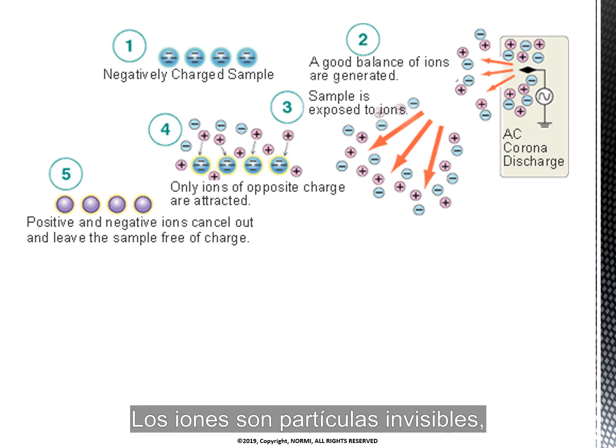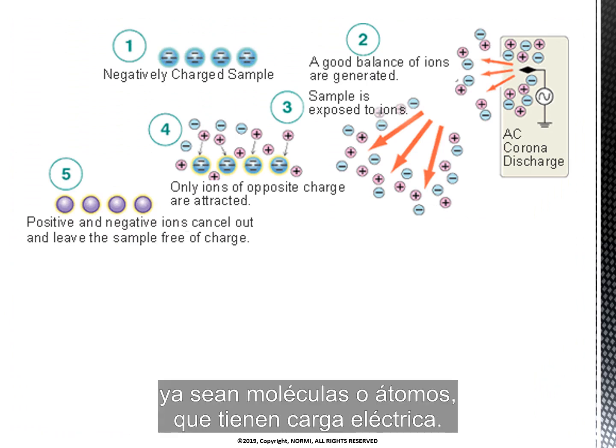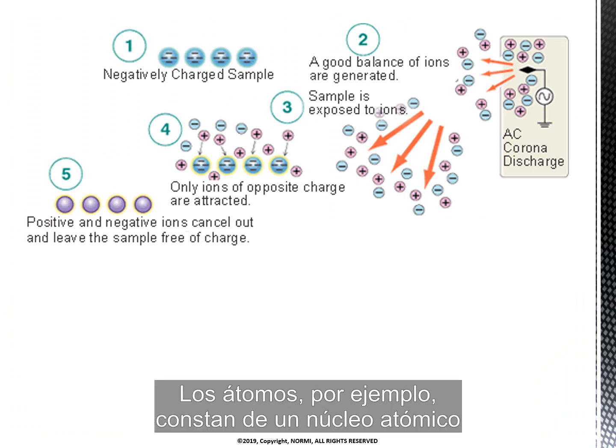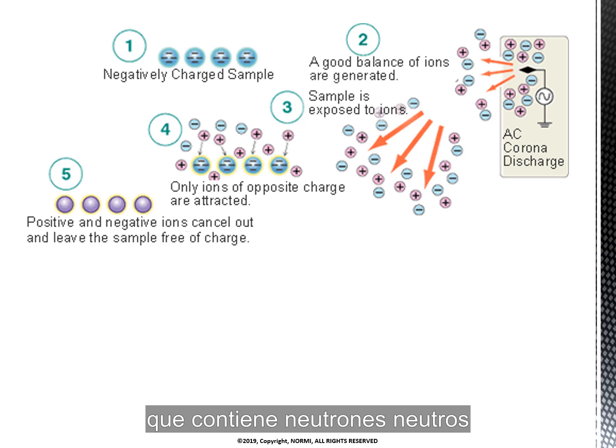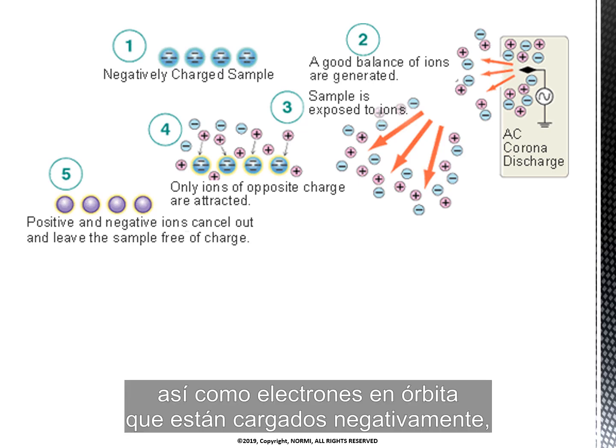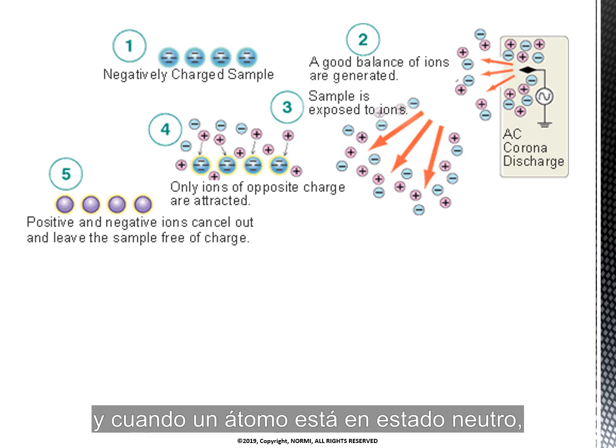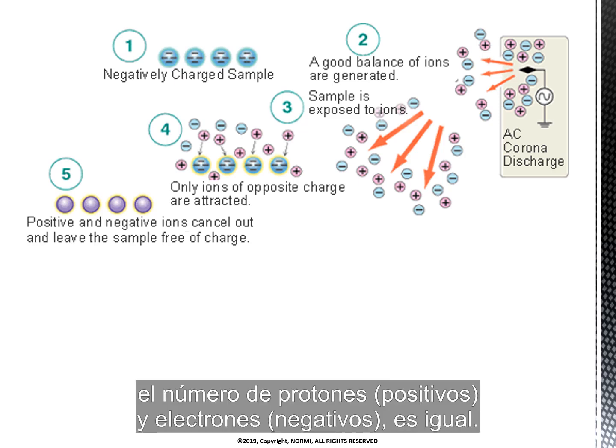Ions are invisible particles, either molecules or atoms, which bear an electric charge. Atoms, for instance, consist of an atomic nucleus that contains neutral neutrons and positively charged protons, as well as orbiting electrons that are negatively charged. When an atom is in neutral condition, the number of protons, which are positive, and electrons, which are negative, is equal.